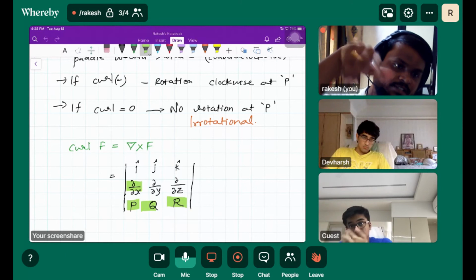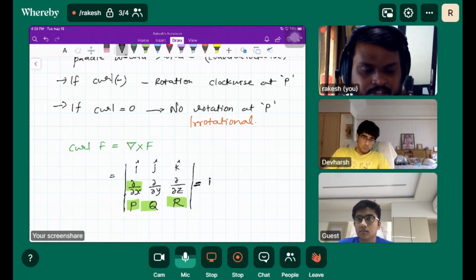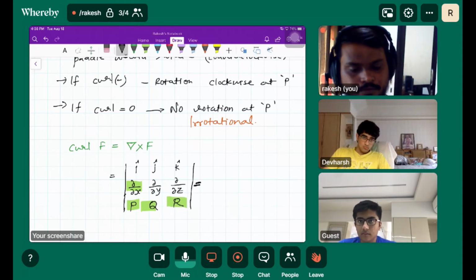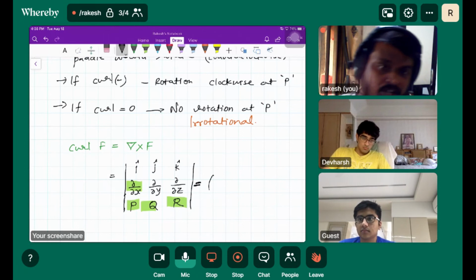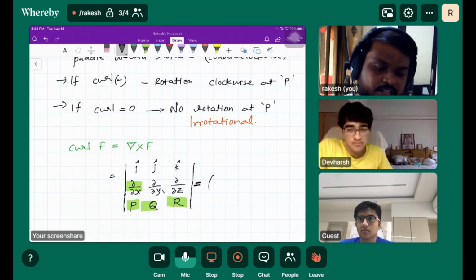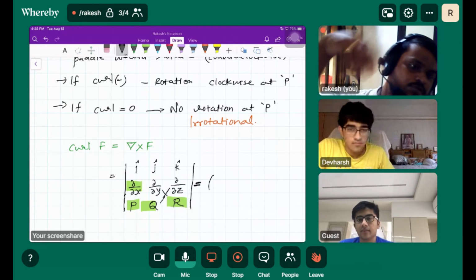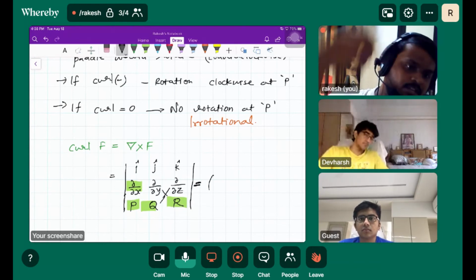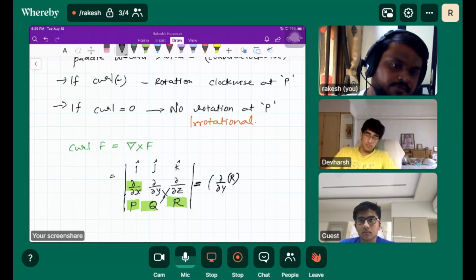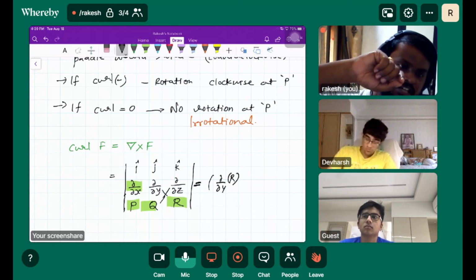When you start writing this vector product, we cover up the first row and first find the column, and we multiply this. So del upon del y has to operate on r. That partial derivative has to operate on r with respect to y. That's why I have written this operator in the second row. Got the idea here?